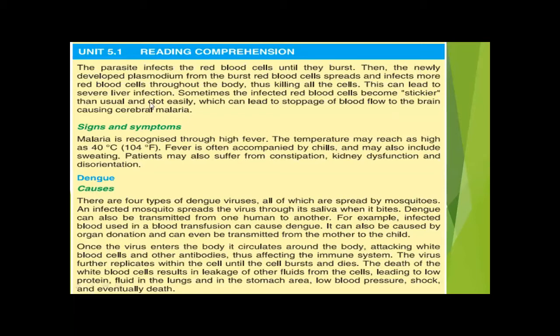Then the newly developed Plasmodium from the burst red blood cells is spread and infects more red blood cells throughout the body, thus killing all the cells. This can lead to severe liver infection. Sometimes the infected red blood cells become stickier than usual and clot easily, which can lead to stoppage of blood flow to the brain, causing cerebral malaria.